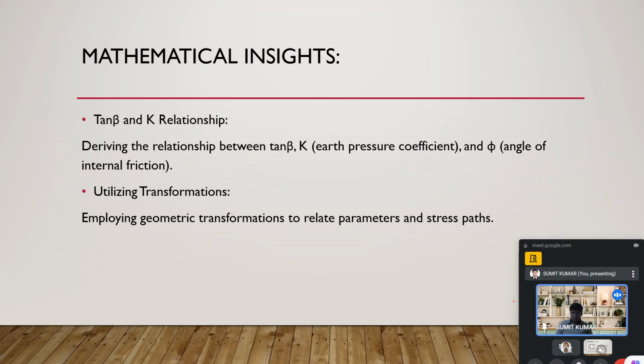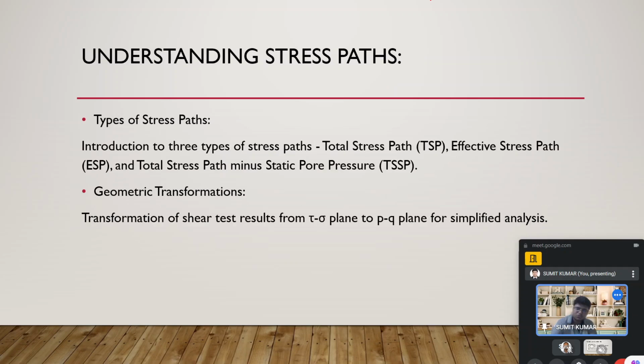What do we mean by the PQ curve? Because when we draw the stress path, either the total or effective, we must understand the terms as well as why we are doing so.